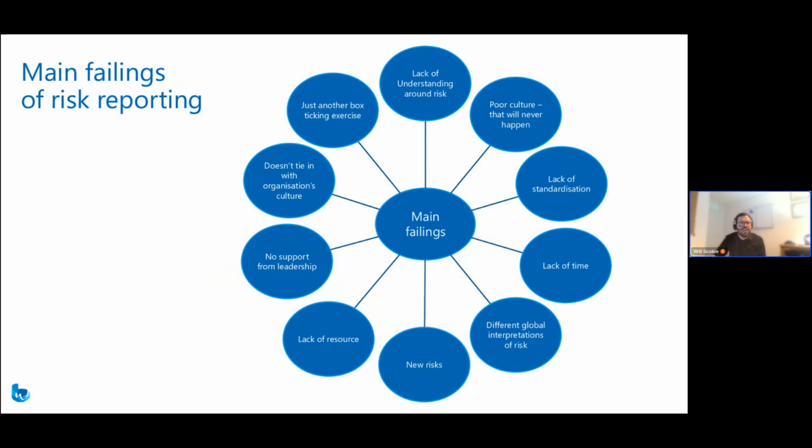Lack of support from leadership, lack of resource, different global interpretations of risk. I think all of you in your own way would see some of these have impacted your role either currently or in the past, as to why we failed to get the right risk reporting, why we failed to get leadership to understand the risk properly, or why things have been missed.